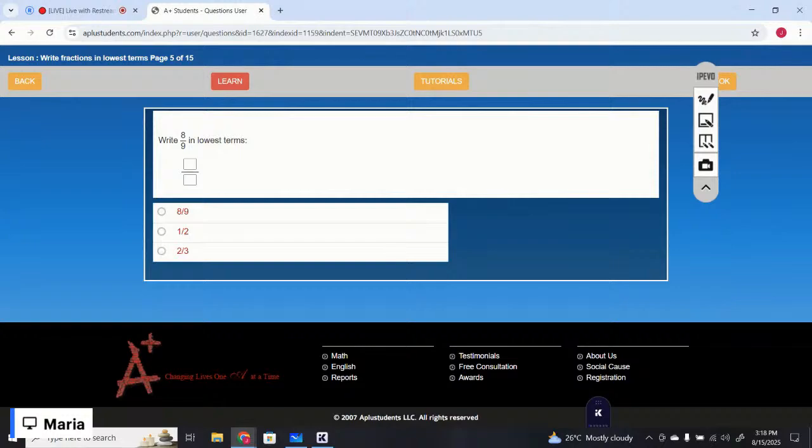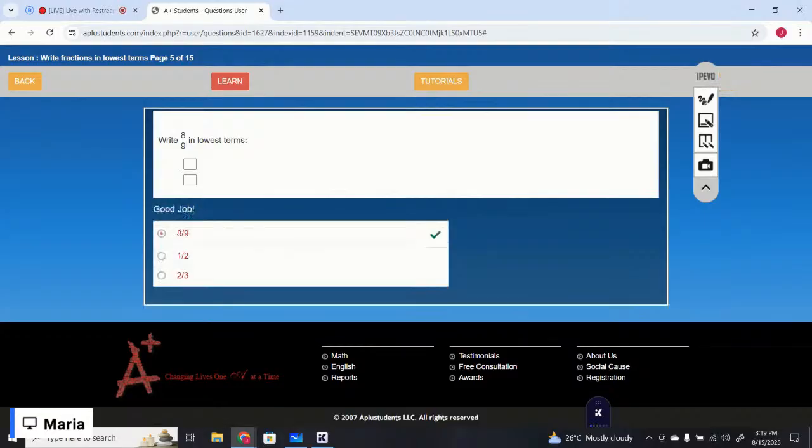Write 8 by 9 in lowest terms. 8 by 9 is already in lowest terms. Option number 1 is the correct option.